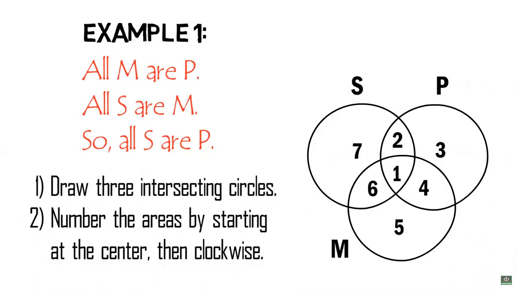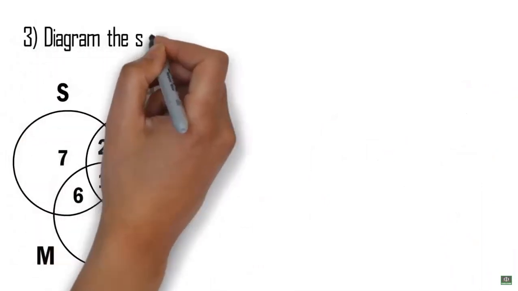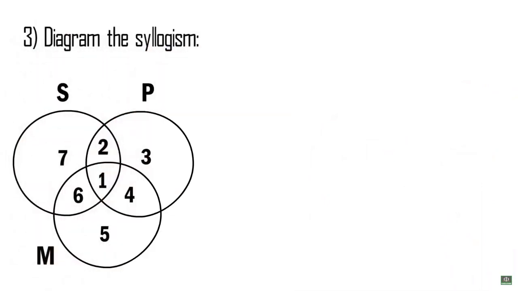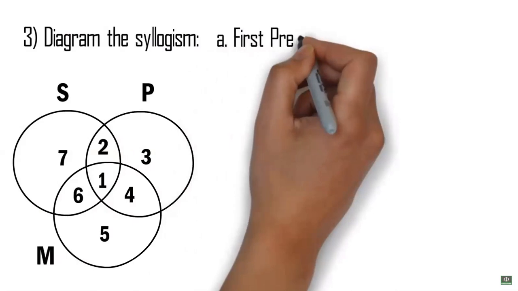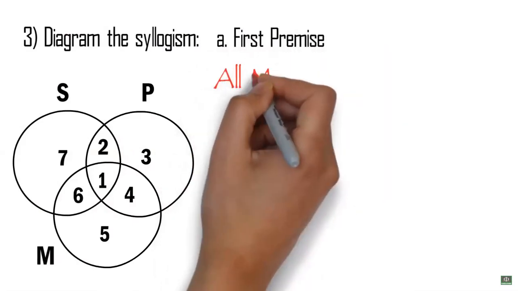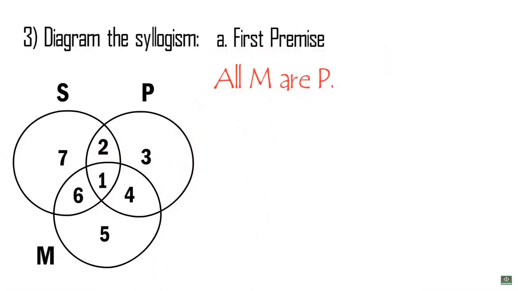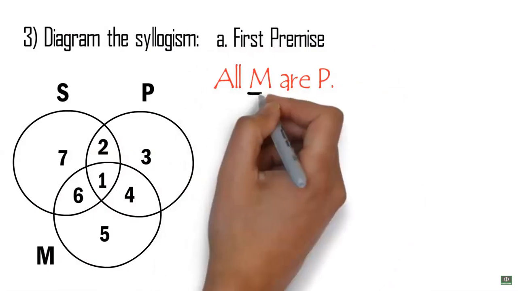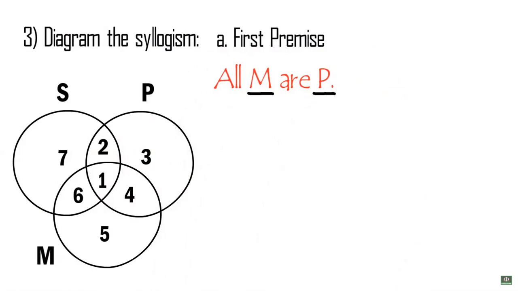Now that we have drawn 3 intersecting circles, each for S, P, and M, our next task is to diagram the syllogism. Let us start with the first premise, that is, all M are P. Since the premise talks about the circles for M and P only, we will imagine that the circle S does not exist.